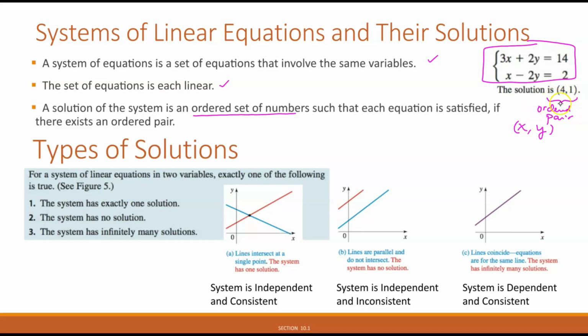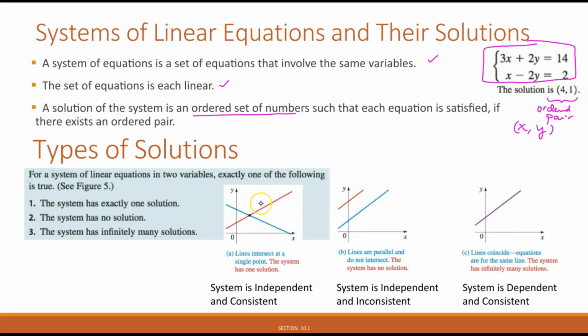If I were to plug 4, 1 into the first equation, I'd get a true statement. Plugging 4, 1 into the second equation, we get a true statement, so that would be a solution of the system.